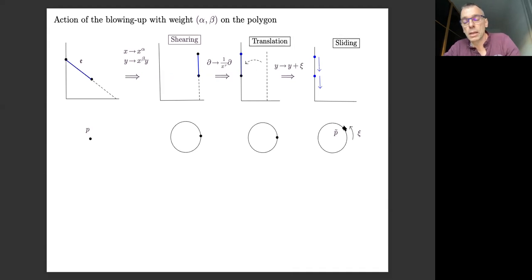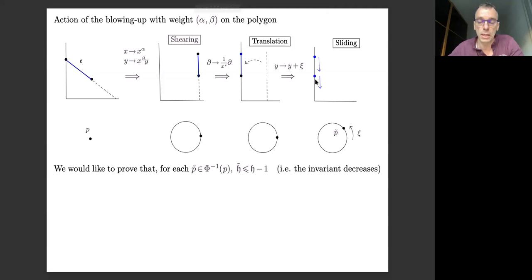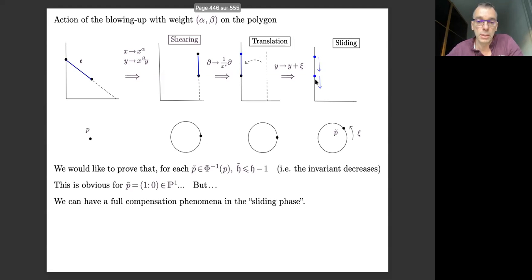It acts in a non-combinatorial way on the coefficients of your derivation, and so you have to control the fact that you can have a complete compensation here, right?